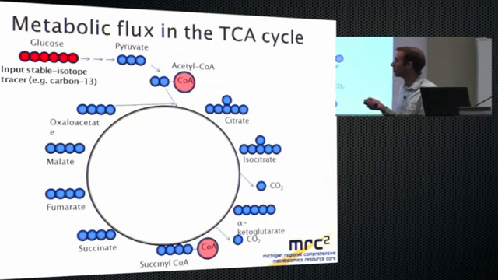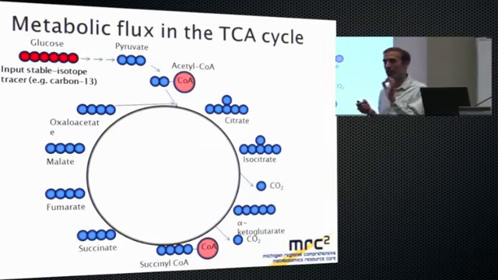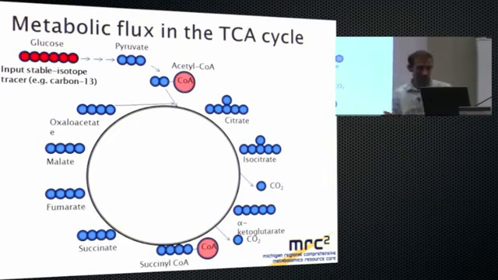If we put labeled glucose, say labeled with carbon-13, into this sample, expose a cell to that, and give it some period of time to incorporate that labeled glucose into the metabolic intermediates, then we might see something like this happening.